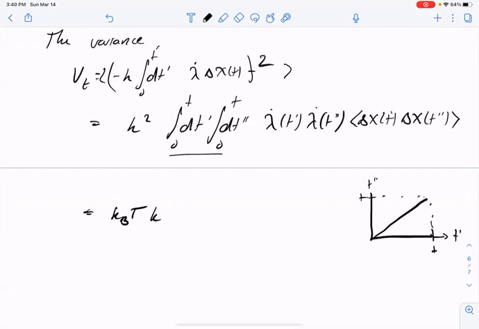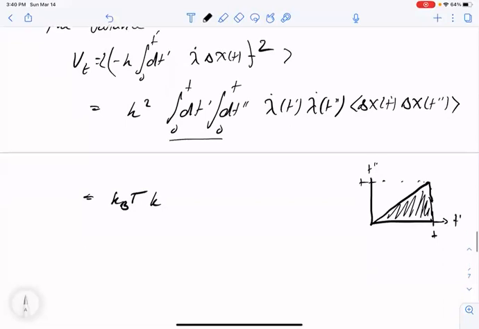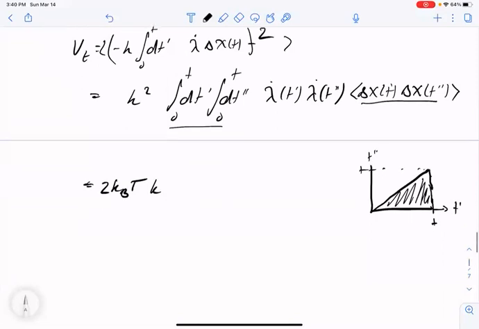I will include only the triangle and multiply that area by a Jacobian of 2. And that's okay, because that equilibrium time correlation function has that time translational invariance, and moreover is an even function of time. It returns the same value when t double prime is greater than t prime, as well as when it's less than that.